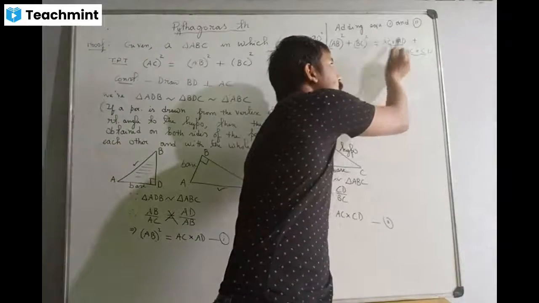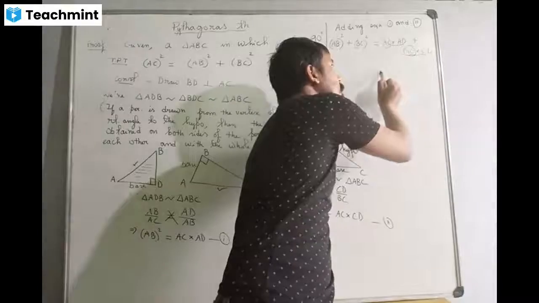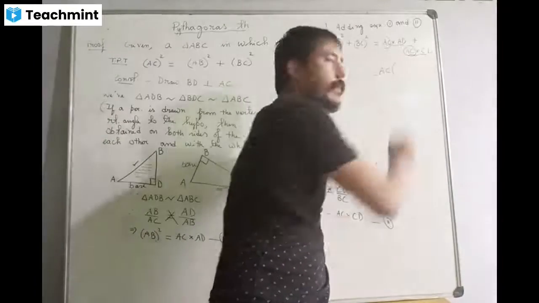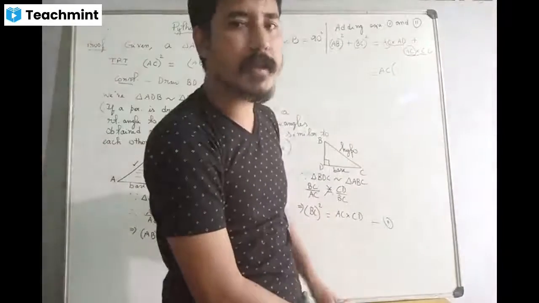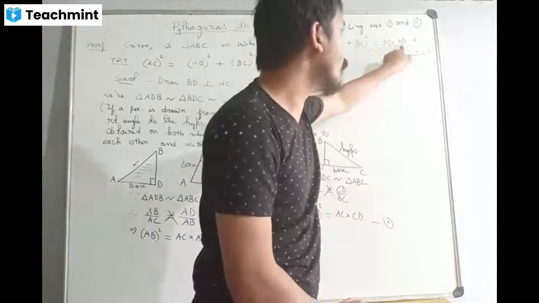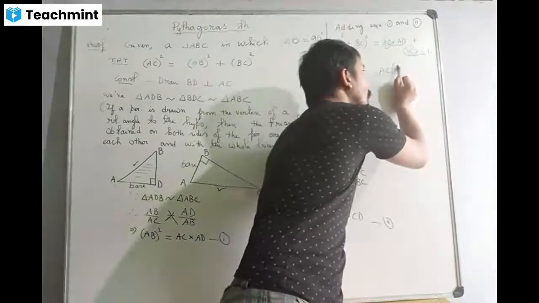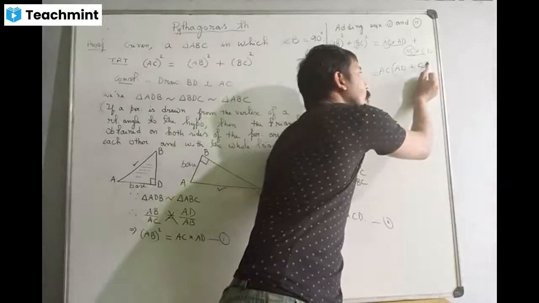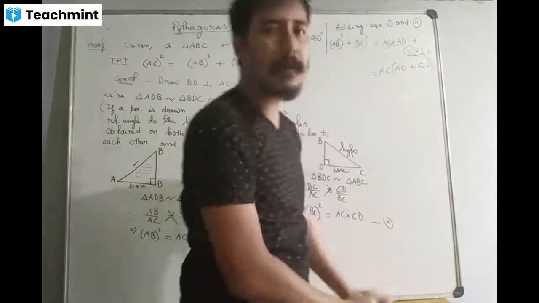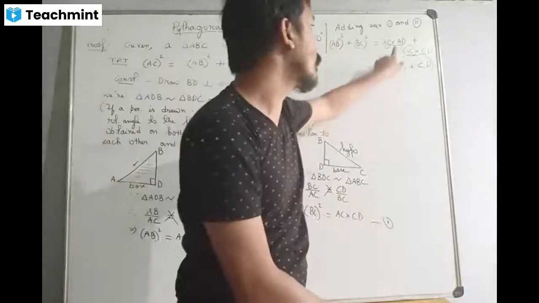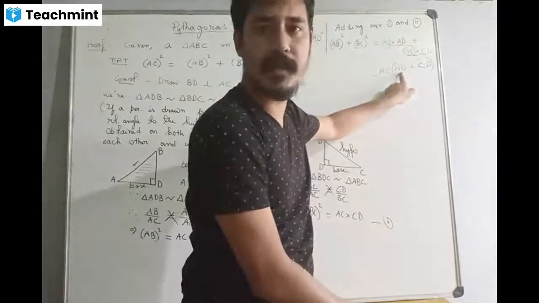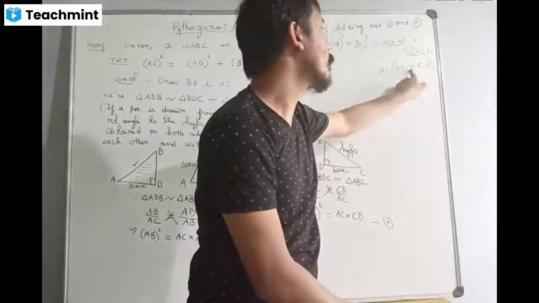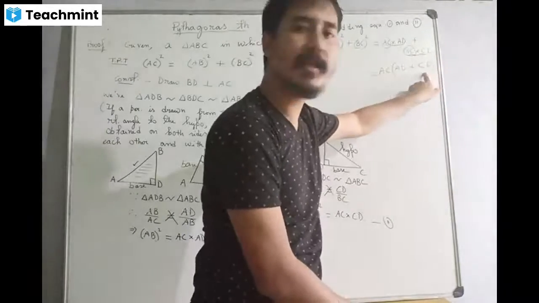We have AC in common. So you take AC common. If we take AC common, from the first term all we have is AD, plus from the second term all we have is CD.